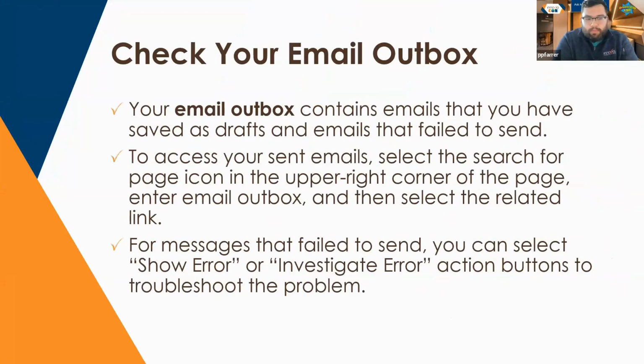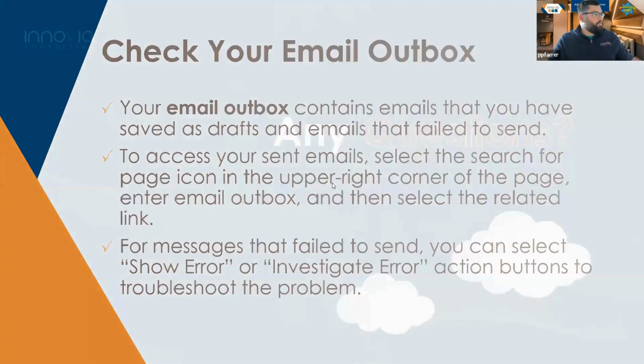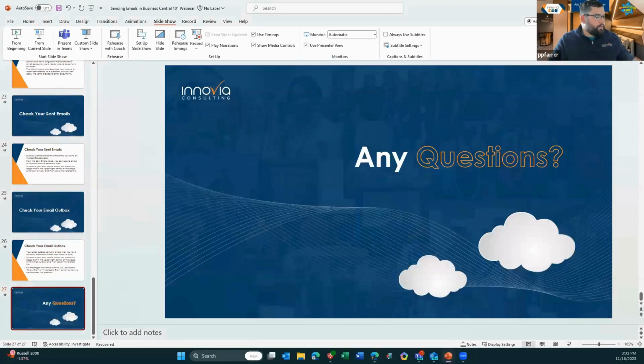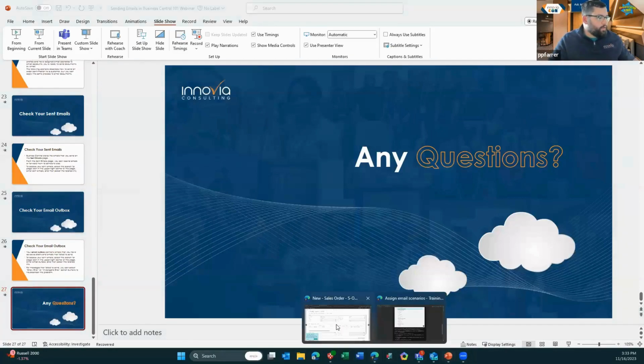If there is an error with the email, you'll be able to click the show error button and it'll show the problem, or what BC thinks the problem is. And then you also have the investigate error button, which will help to troubleshoot what the problem actually is. So we will take a second and go to BC and see these.